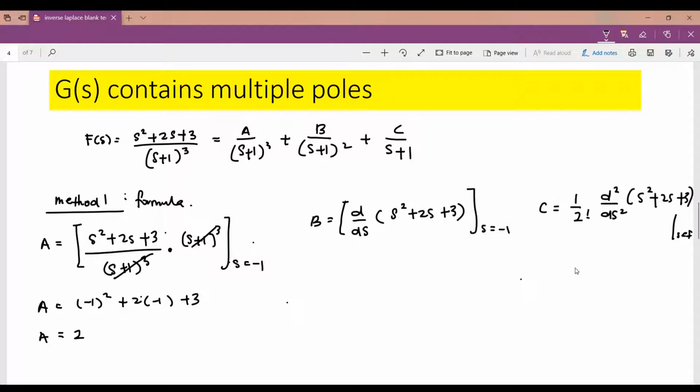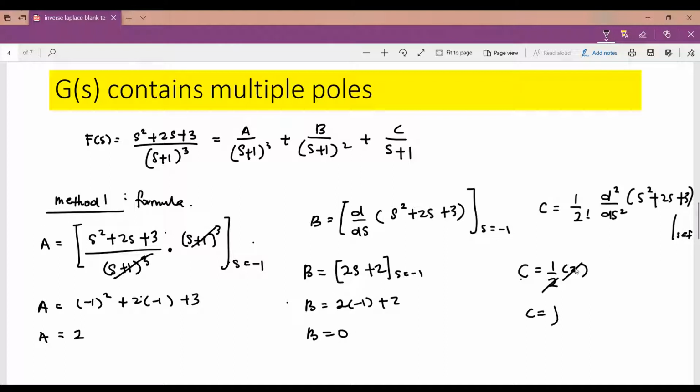So here for B, when you differentiate, you will get 2s plus 2, where s is -1. When you substitute that one, 2 times -1 plus 2, B is equal to 0. Okay, for C, 1 over 2 factorial, so 2 factorial is equal to 2. Second order differentiation of this one is equal to 2, and then C is equal to 1.